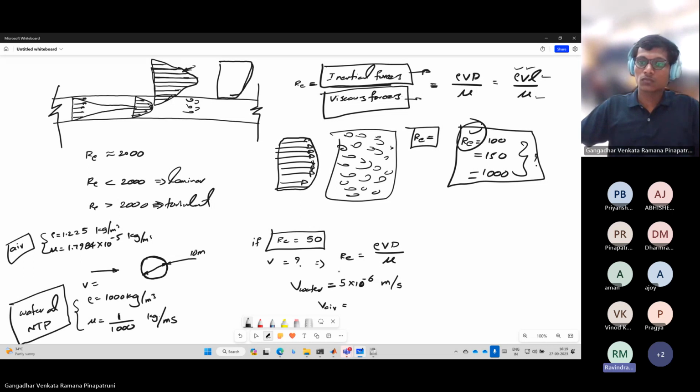It's 7.3. Velocity of air is coming to 7.3, sir. Yes, sir. I did not calculate that, so I suppose it should be around 7.3.